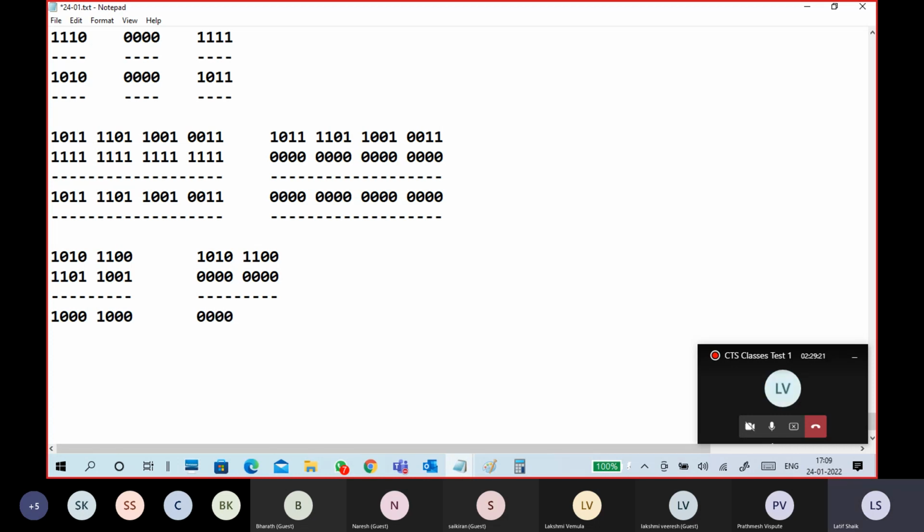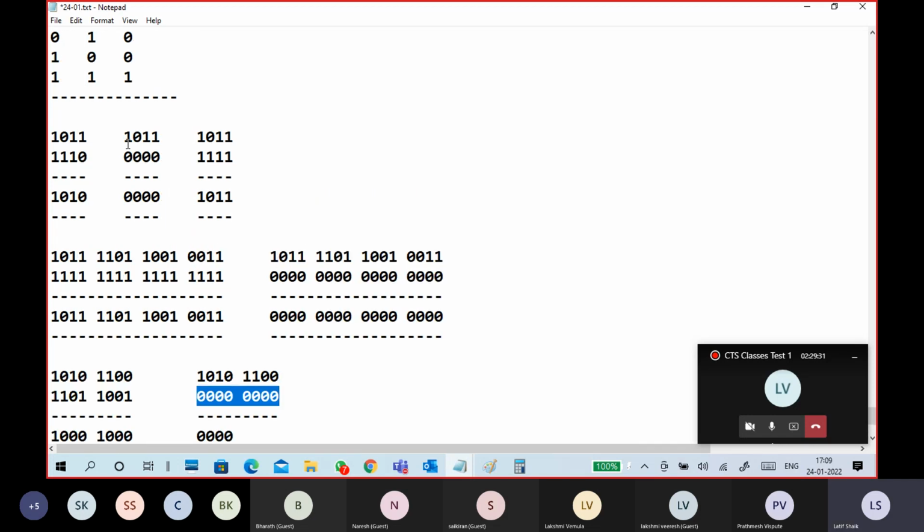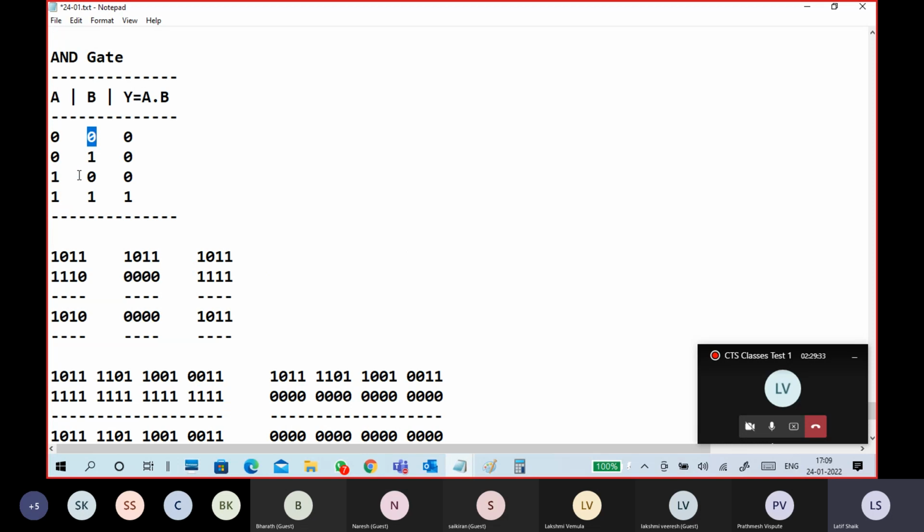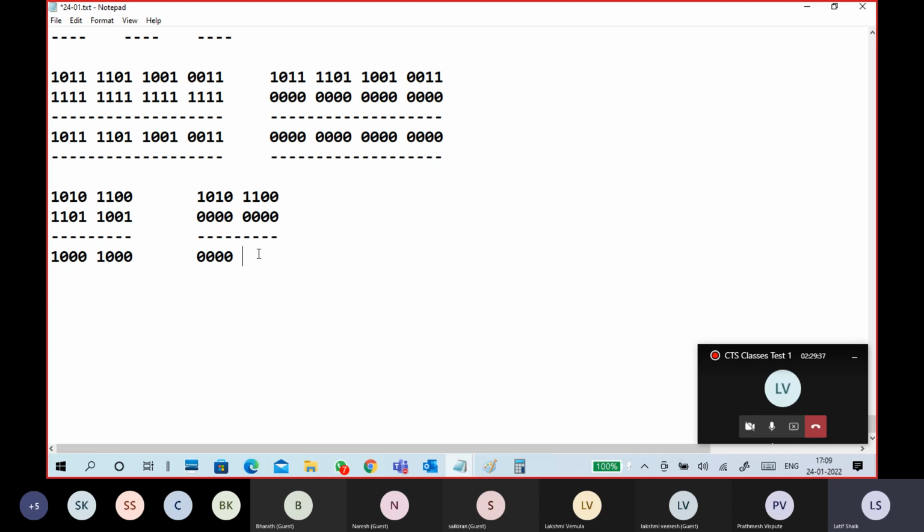Very simple, you don't have to do anything. You just see all are zeros, so whether the upper portion is 1 or 0, 0 0 is always 0 and 1 0 is also 0 only. So no need to think, you can simply put zeros here like this.